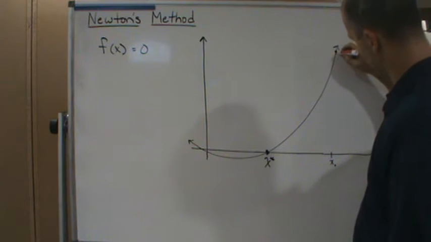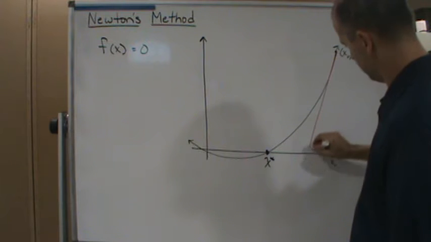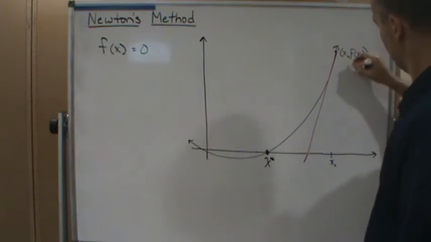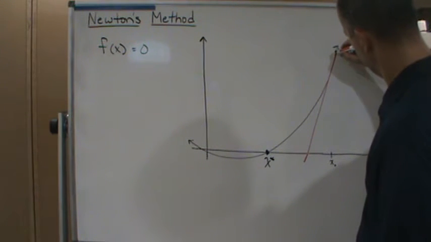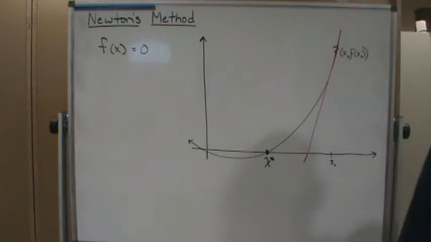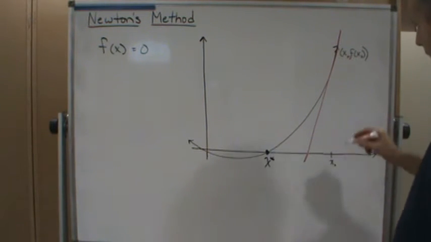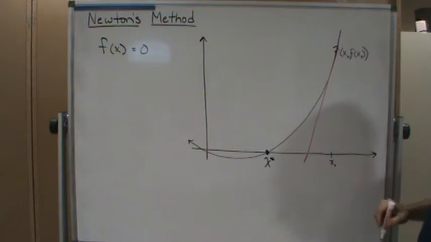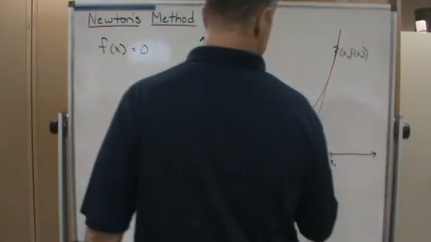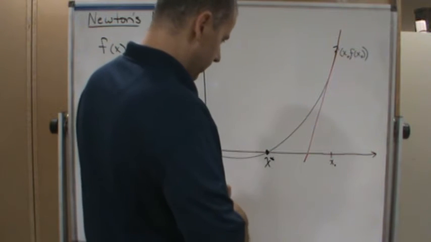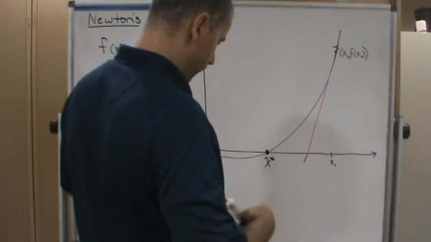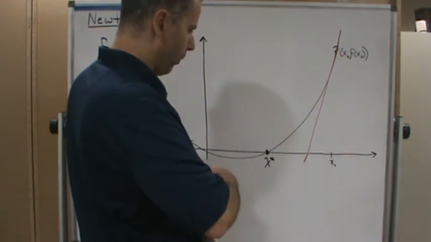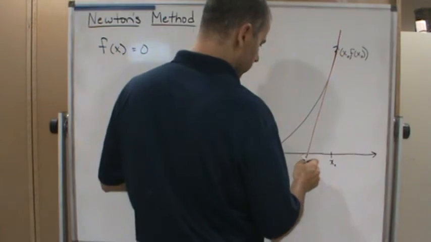Now this tangent line, using this as our initial guess, is going to intersect the x-axis at a point. Now, here's the thing.